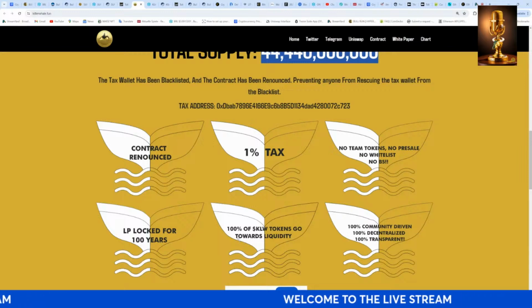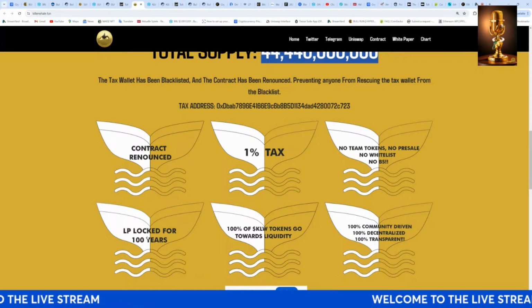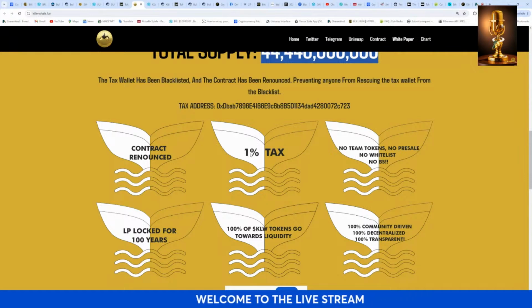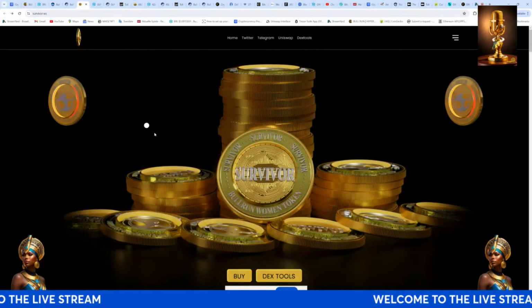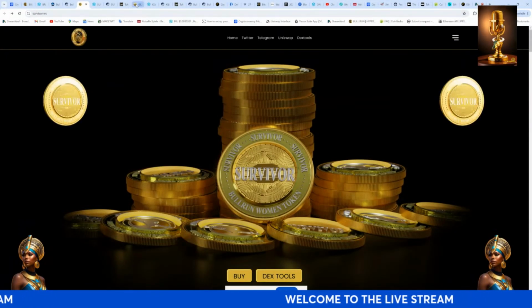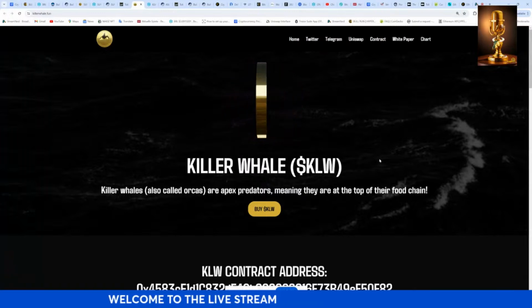And as far as security, the contracts are renounced, meaning nobody can tamper with them, nobody can adjust or change anything. The liquidity is locked for 100 years, and it's deflationary because it has a 1% tax that goes towards burning the tokens. Back to the Killer Whale. Killer Whale is completely dedicated to the whales in the industry.